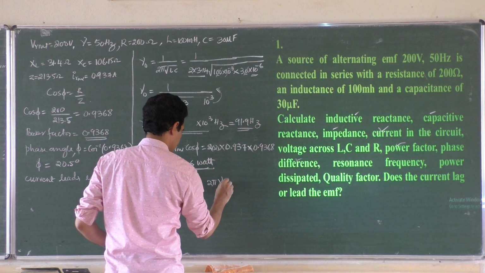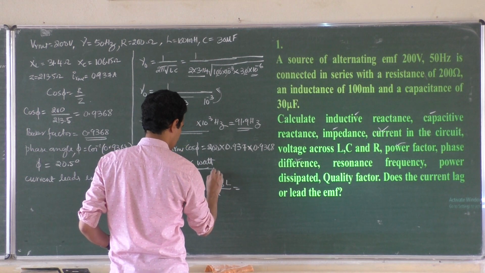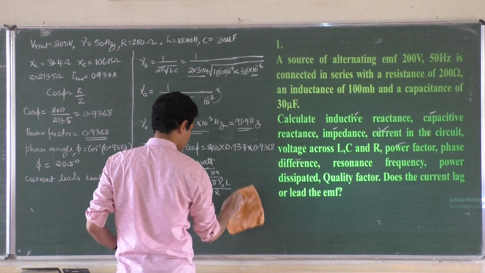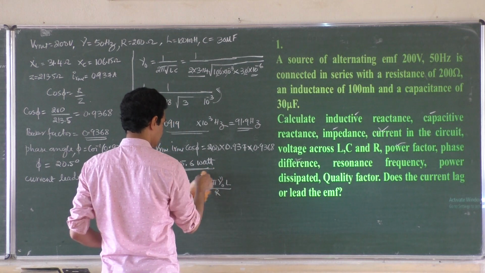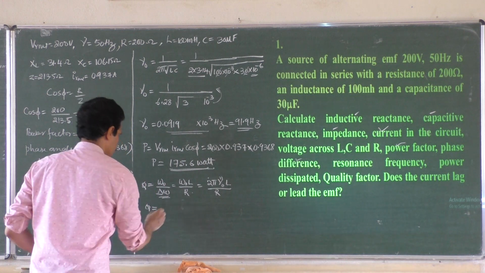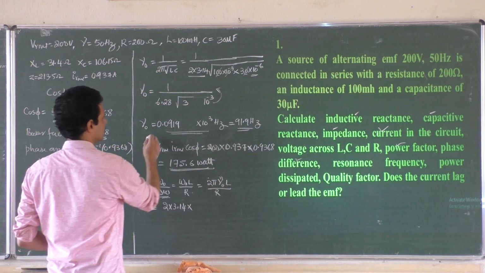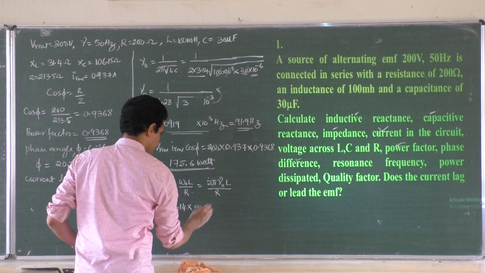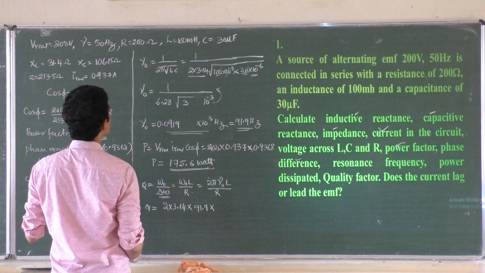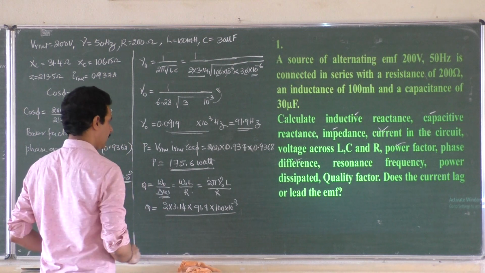2 pi nu naught L divided by R. So that is equal to, this is 314, you know. 2 into 3.14 into 50. Not 50. You have to write nu naught, sorry. It should be nu naught, not 50. Resonant frequency only. So quality factor is equal to 2 pi nu naught, 2 into 3.14 into resonant frequency, this one, 91.9 hertz, into self-inductance of the coil, 100 milli, divided by R, resistance.